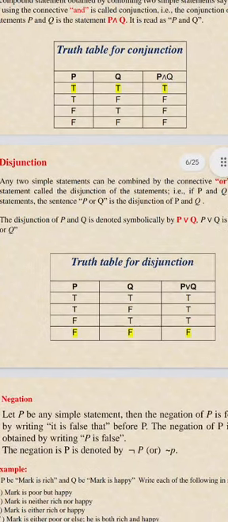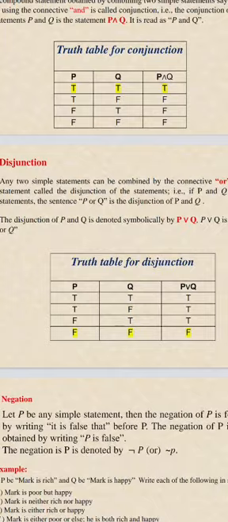Next, the truth table for disjunction. The truth values of P and Q are listed. First, P is true, Q is true. P is true, Q is false. P is false, Q is true. Then P and Q are both false.